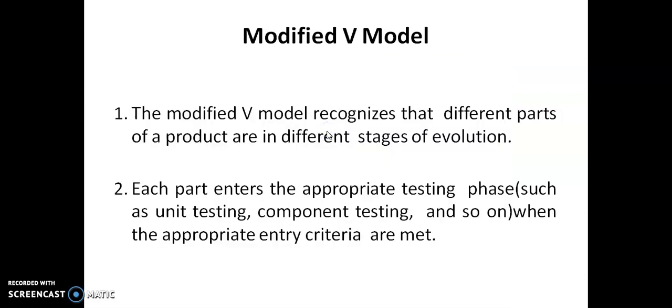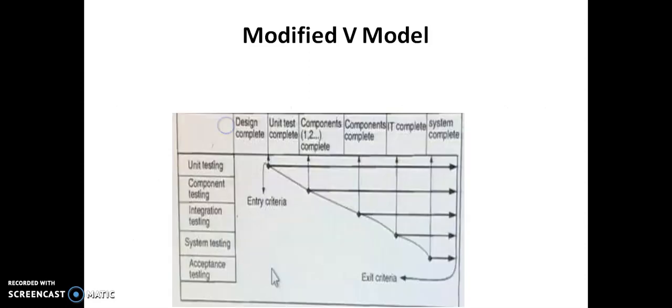Next comes the modified V model. The modified V model recognizes that different parts of a product are at different stages of evolution. Each part enters the appropriate testing phase, such as unit testing, component testing, and so on, when the appropriate entry criteria are met. It will allow one phase to enter the next phase only when the appropriate entry criteria are met. So this is a simple diagram that explains the modified V model.